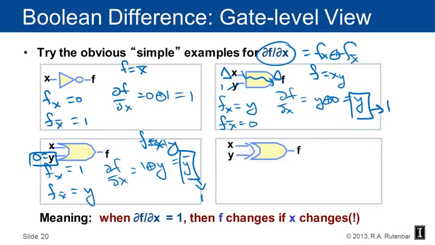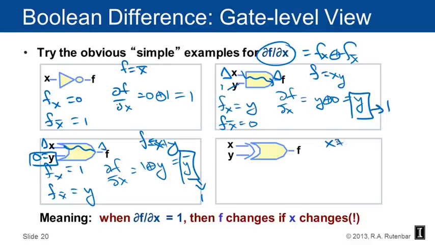So if you put a 0 on the other input of the OR gate, anytime you change x, I guarantee you, you will change f. That's cool. So evaluate the Boolean difference, figure out how to make it a 1. If you put that pattern of inputs on the gate, when you change x, f will change. What about an exclusive OR?